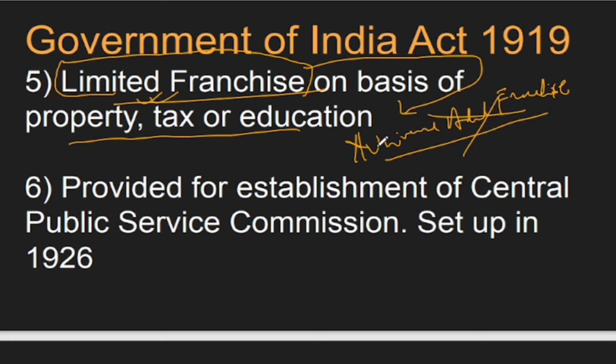Remember this, right? In today's scenario in our country, we have universal adult franchise. Everyone has the right to vote, and it is equal. If I am a person, then the value of my vote is 1 unit. The same way, whether there is a person who is very rich or who is at a high post in government or who is PM, CM, that particular person will also have the same value.